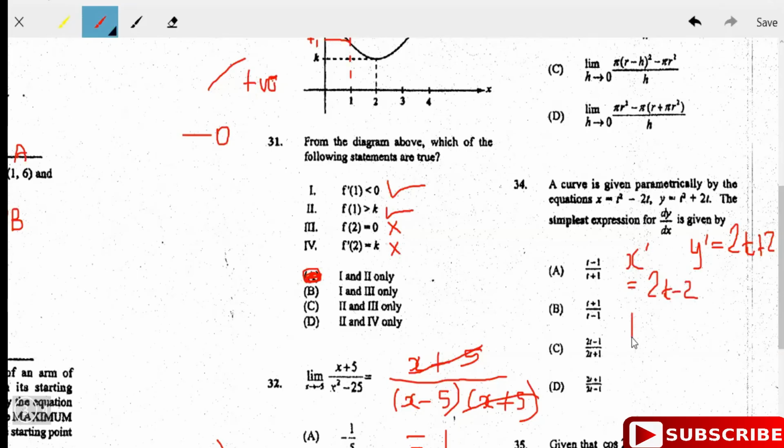And so now we just have to remember that dy by dx is equal to dy by dt times dt by dx. And dt by dx is just 1 over dx by dt. And so this works out to be 2t plus 2 over 2t minus 2. And so what's the answer? Beta.